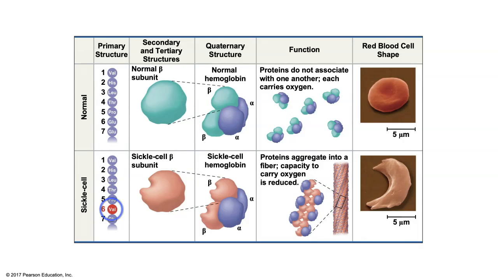The abnormal form of hemoglobin molecules become sticky and aggregate into chains, which causes the red blood cells to deform into a sickle shape, hence the name sickle cell disease.